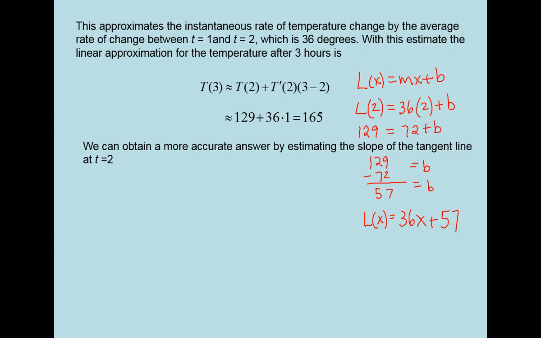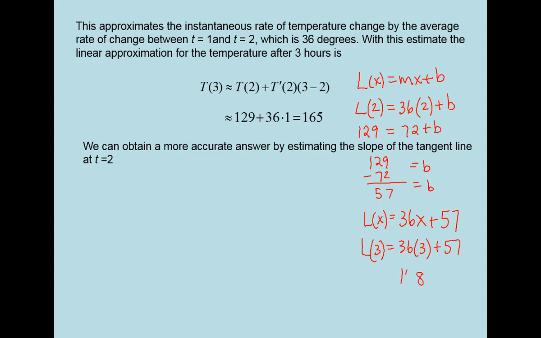All right, so there's the linearization, 36x plus 57. Now, if we want to know the estimated temperature at 3 hours, we'd have 36 times 3 plus 57.